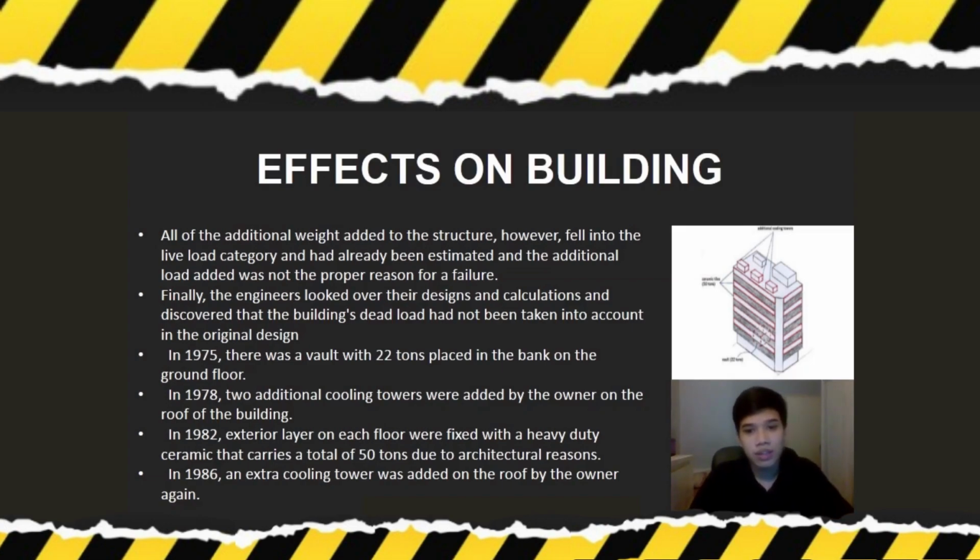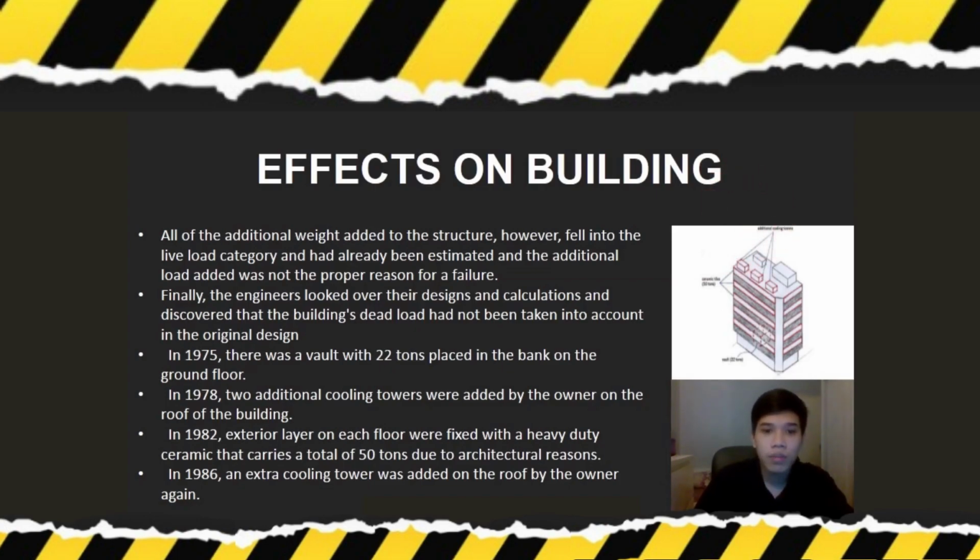So as I said, the additional weights added in this building are these. The first one is the vault, which carries 22 tons of weight. They put it in the bank, which is on the ground floor, as you can see, this box right here.